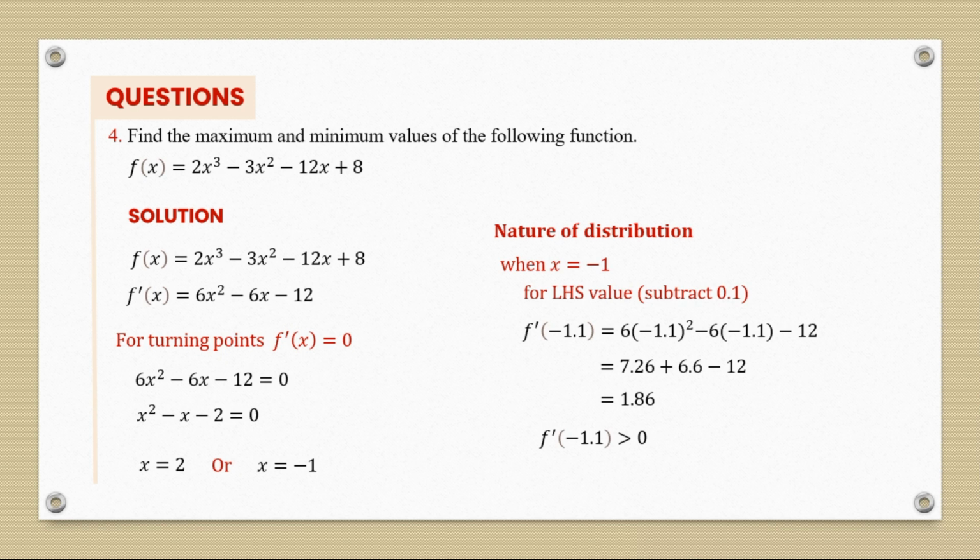Now we can see that the value here is actually greater than 0. So if it's greater than 0, it means we have a positive on the left hand side of -1. Let's look at the right hand side value. Now what we do is we add 0.1 on the right hand side. So -1 plus 0.1 shall give me -0.9.